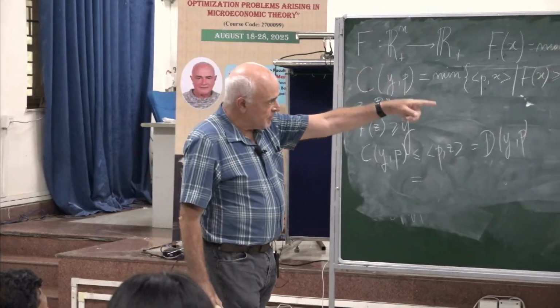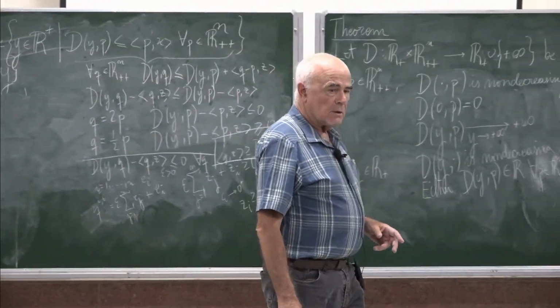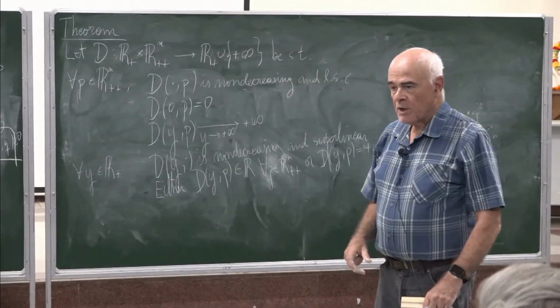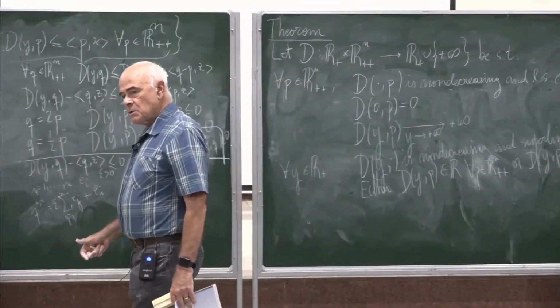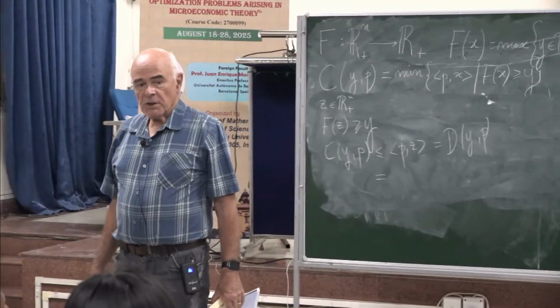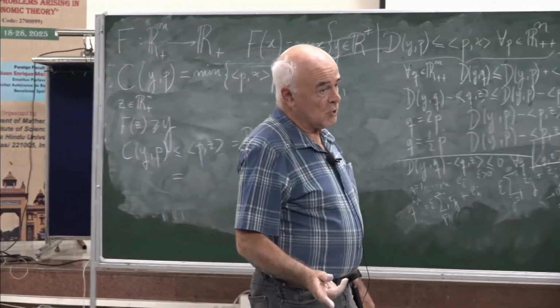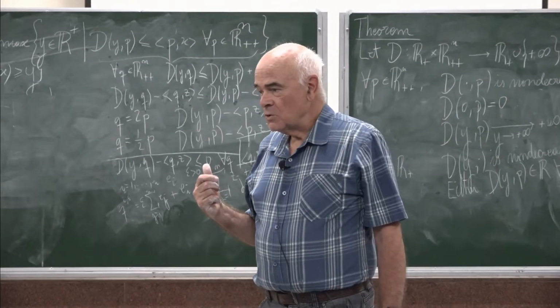So these properties here are characteristic of cost functions. Every cost function satisfies all these properties. Every function satisfying all these properties is a cost function associated to some production function, which is not unique. But I was able to produce one.